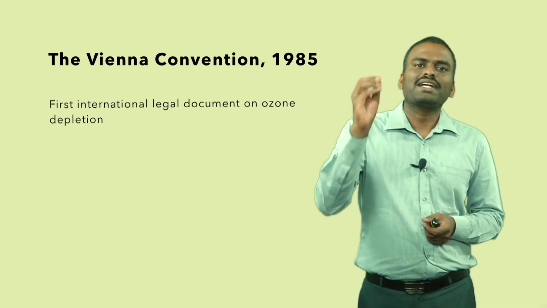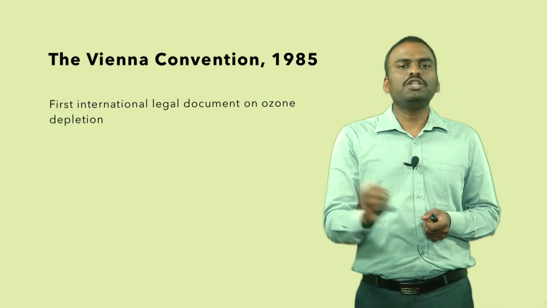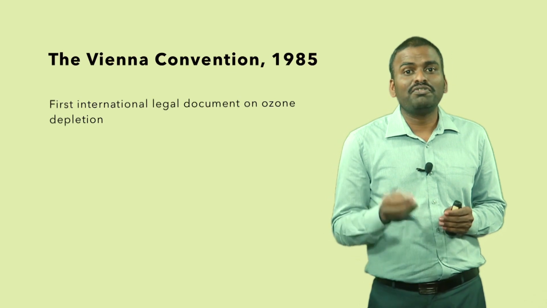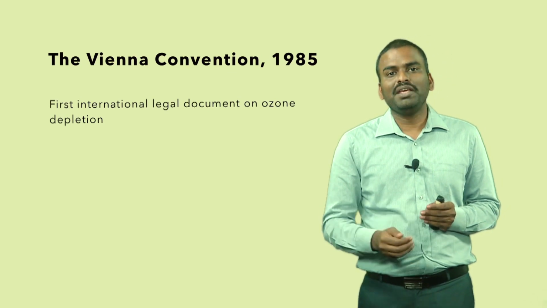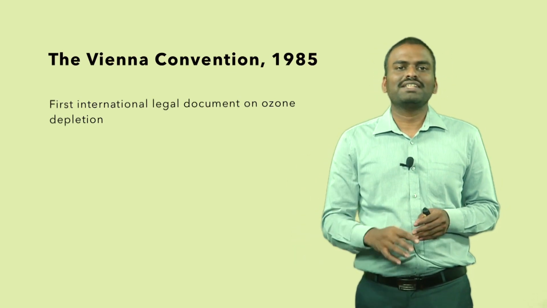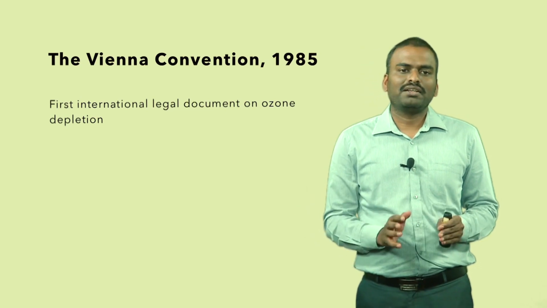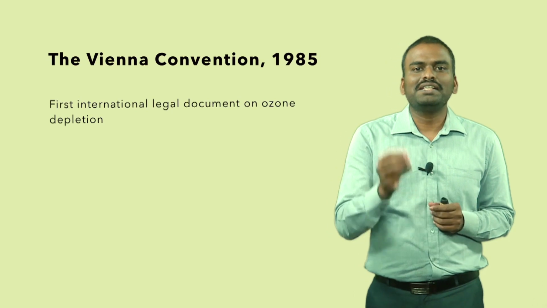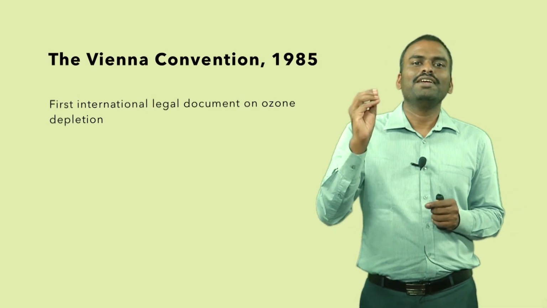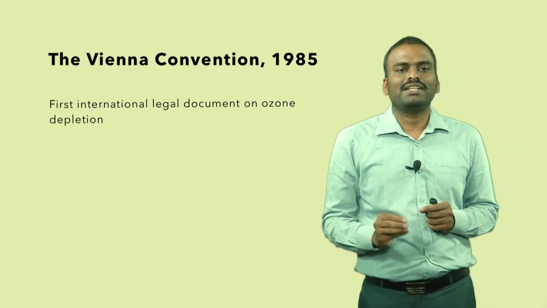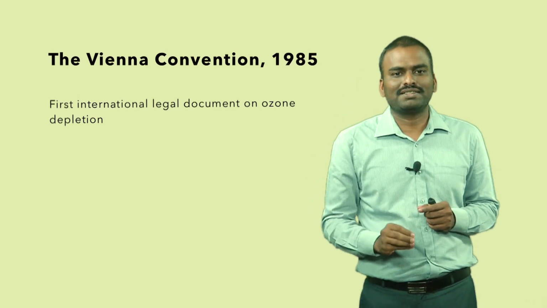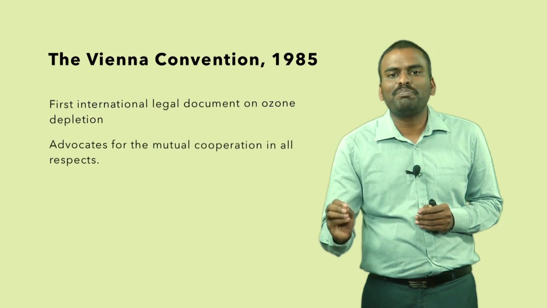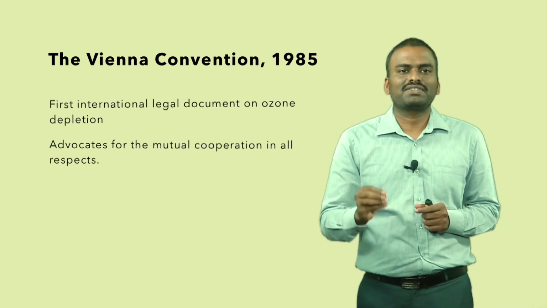Though it is a convention, and that too a framework model of convention, the implementation of the framework convention will be followed by protocols and other instruments. But this Vienna Convention has initiated certain measures in the parent document itself. It advocates multilateral cooperation in all respects.